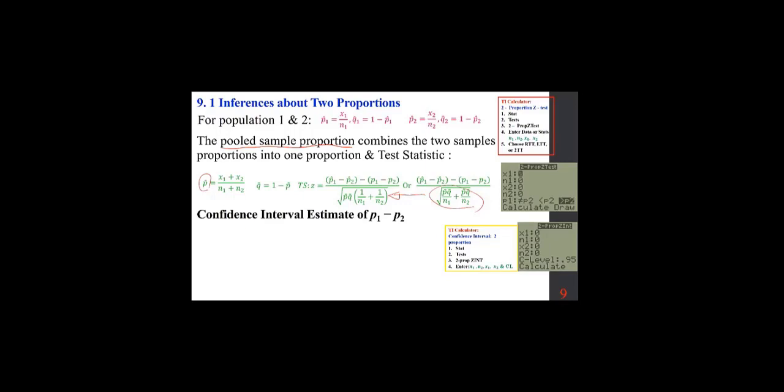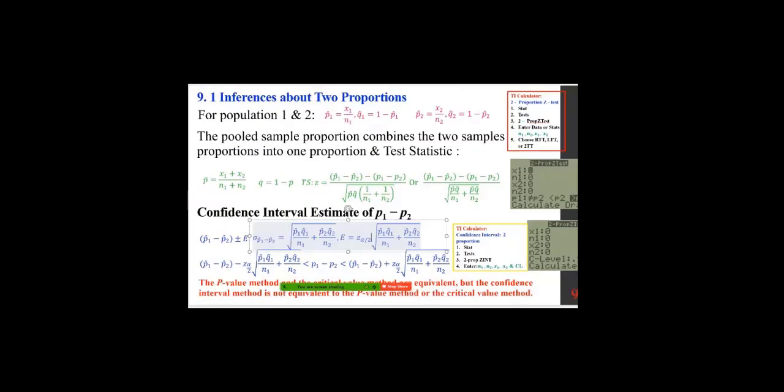Let me give you the confidence interval and show you the comparison. As far as the confidence interval is concerned, p1 hat minus p2 hat plus or minus E, where E equals z alpha over 2 times sigma of p1 hat minus p2 hat. If you look at the confidence interval, see the similarities between one and two samples.